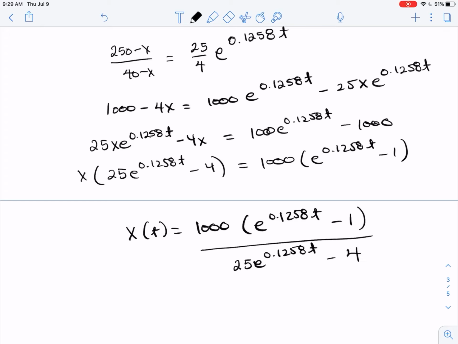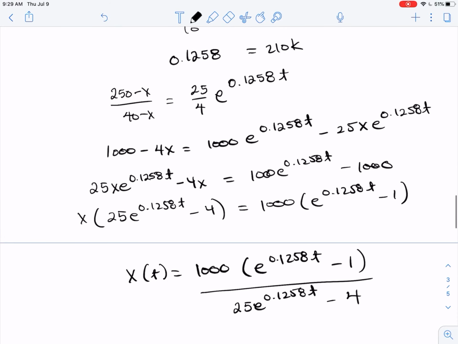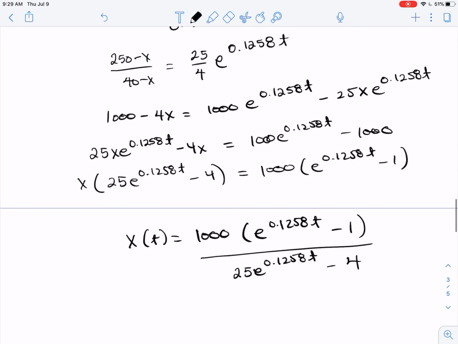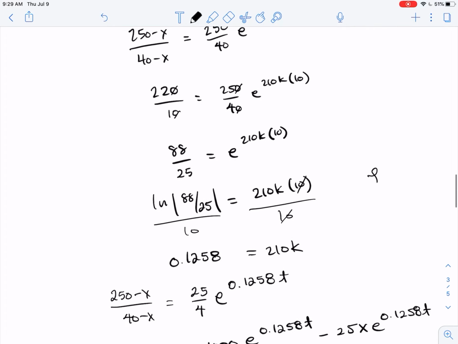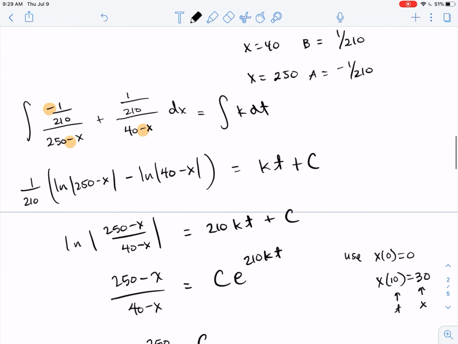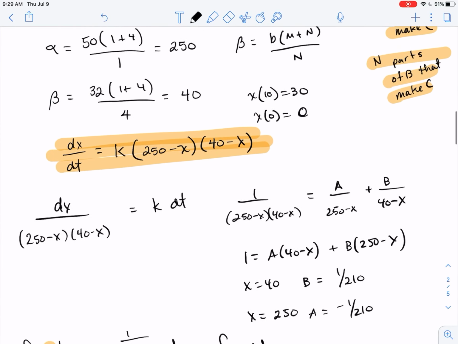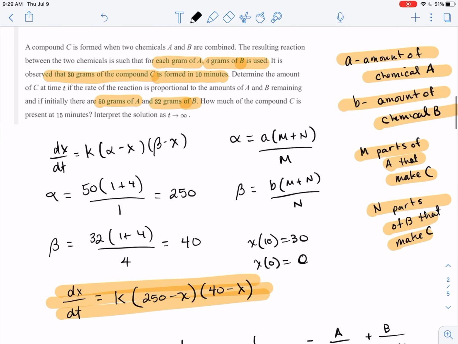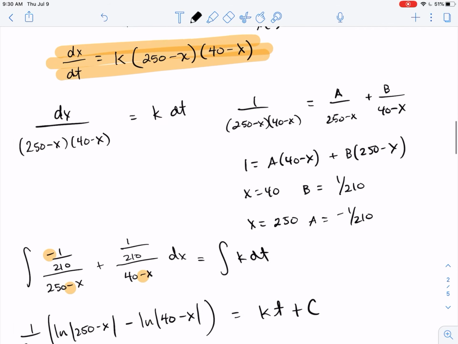Okay. Now, let's go back up to see what the question was, right? Let's go back up to see what they're asking. Okay, so here they say, after you do all this work, I know it's a lot. This is the class you signed up for, right? So they say how much of C is present at 15 minutes. So that's the easy one, right?